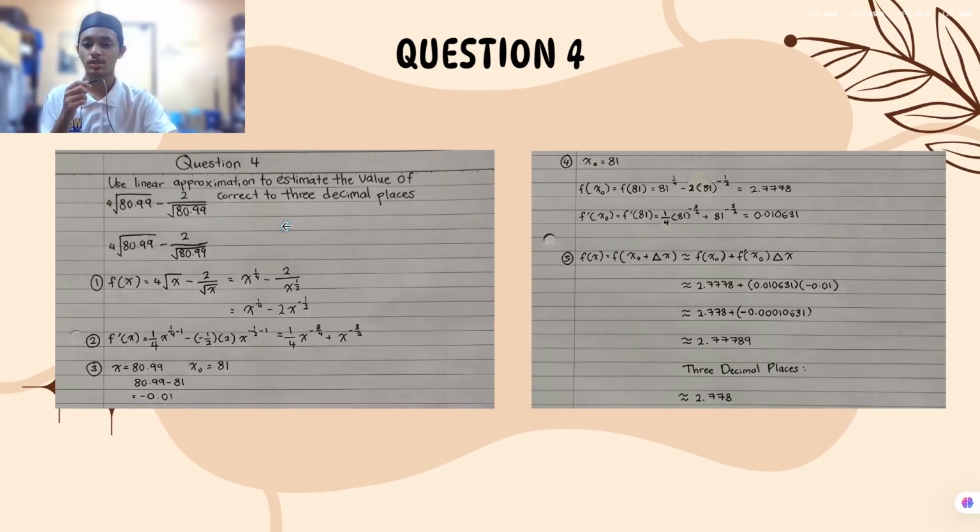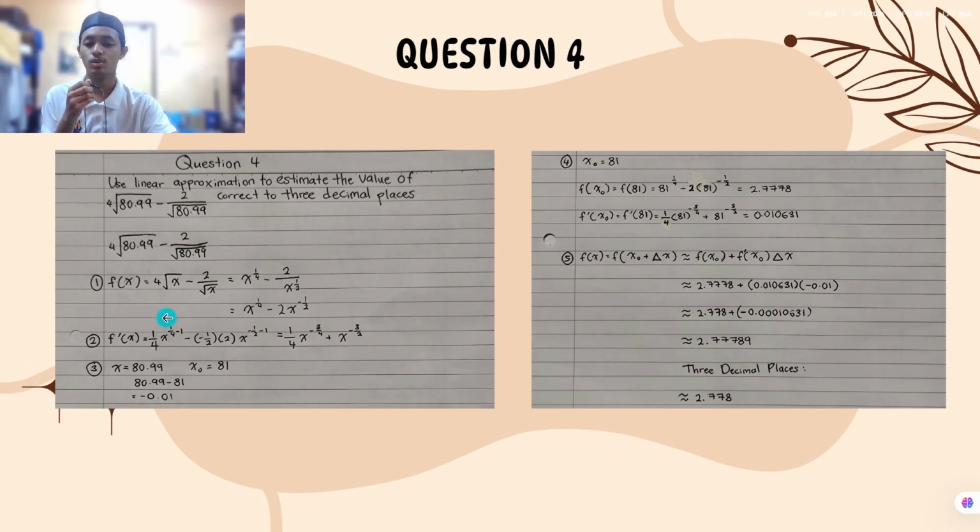For the last question, it is about linear approximation to estimate the value to three decimal places. For the question, we have the fourth root of 80.99 minus 2 over square root of 80.99. For the first step, we need to identify the x, which is usually a rational number, fractional number, irrational expression, and so on.